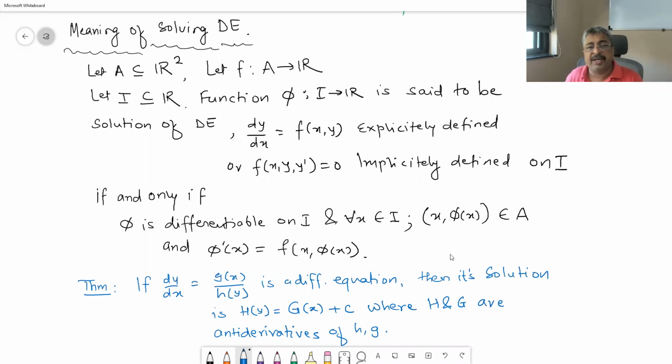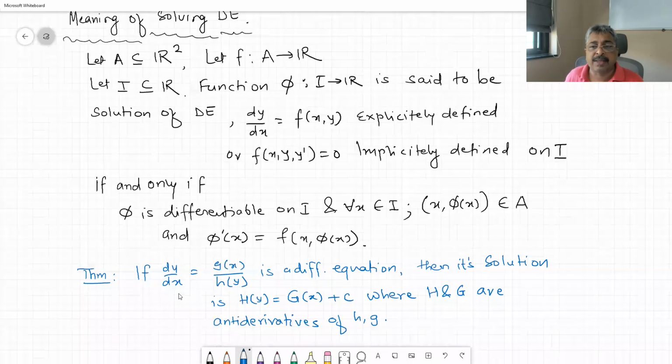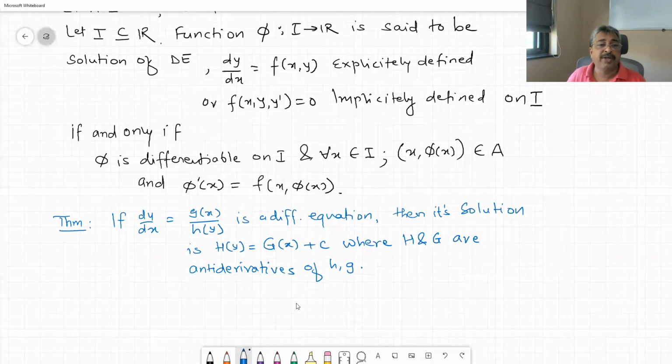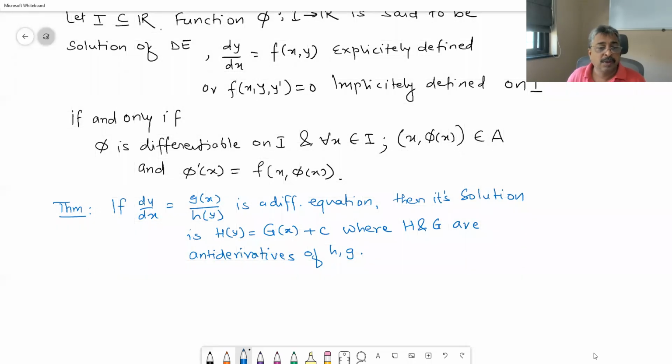This is typically the variable separable method of solving a differential equation. Very useful. The proof of variable separable we are trying to write down.